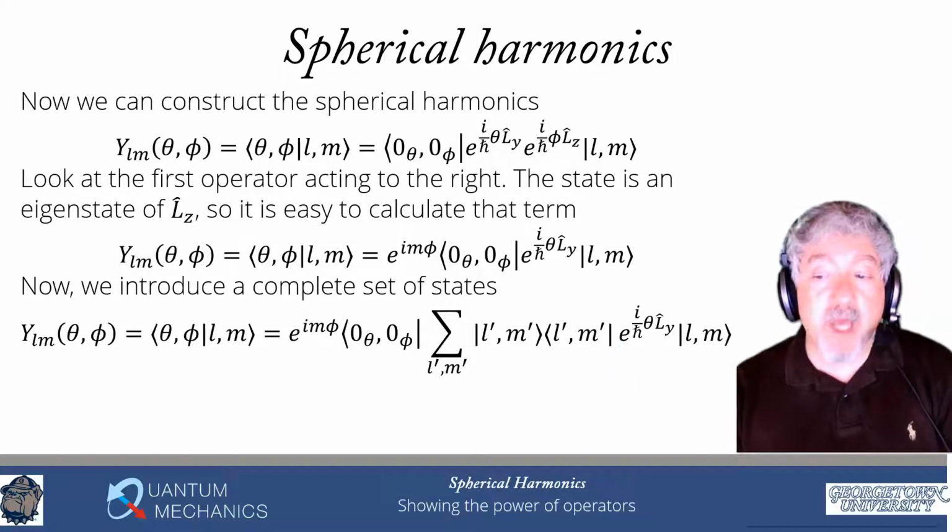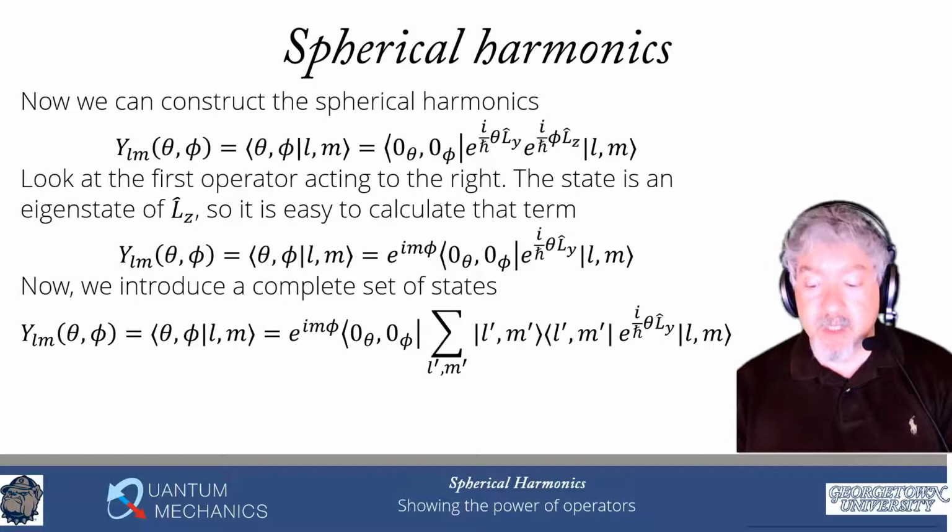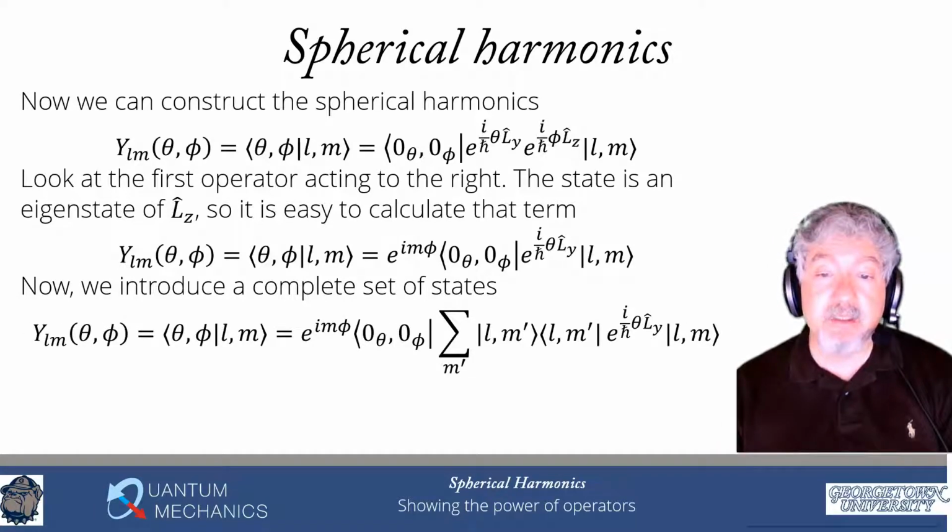But that has to equal 1 because I didn't change the operator at all. I just multiplied and divided by an eigenvalue, and I evaluated that eigenvalue by operating to the left or operating to the right. It can't change anything. And so what that tells you is that that thing is non-zero only if L is equal to L prime. So we can get rid of the sum over L prime and replace the L prime by an L.